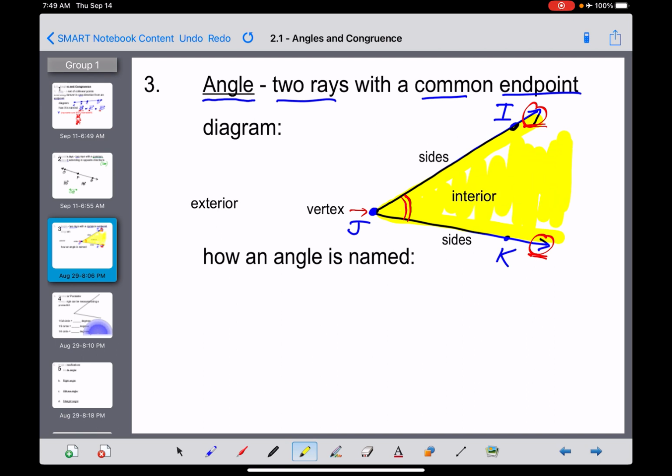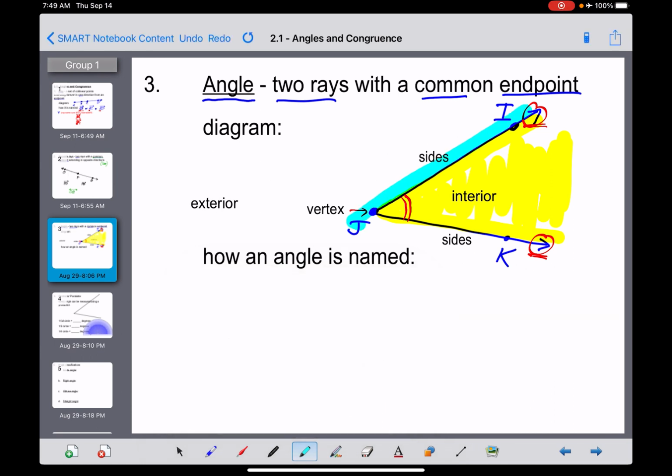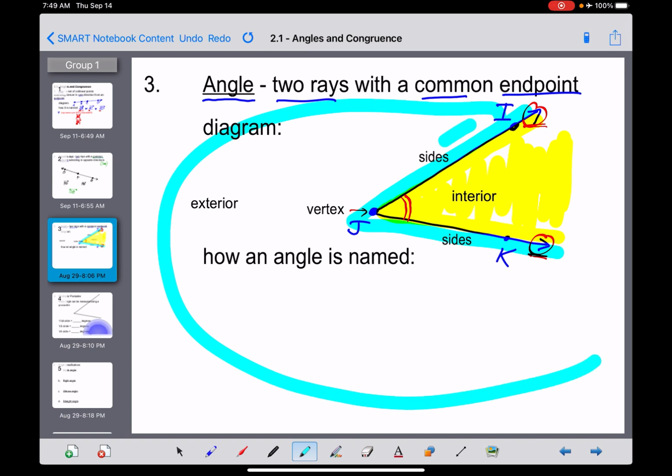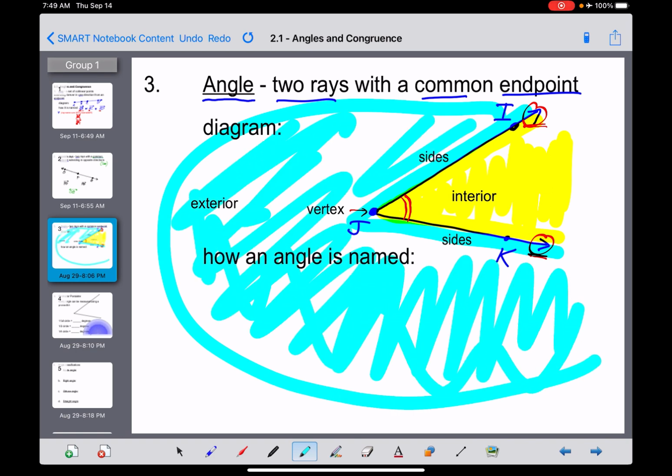It's a big region that goes on forever, because remember, that extends all the time. And exterior then, this is going to get messy, is going to be everything else out here. So you really can't shade everything here in the exterior because that goes on forever too. So every point that you could draw then is either going to be in the interior of your angle or on the exterior of your angle.